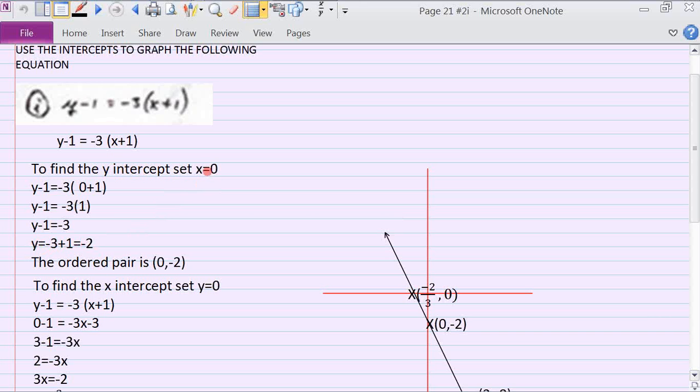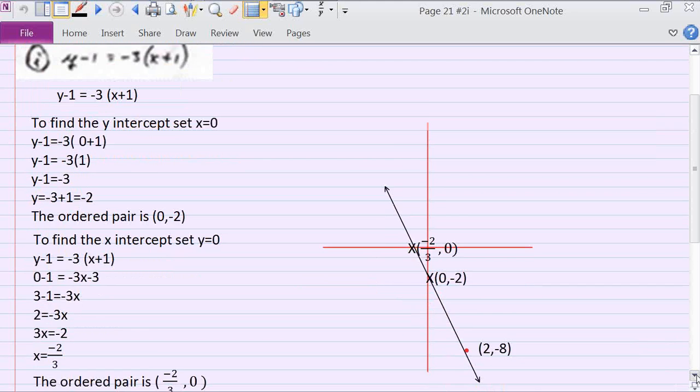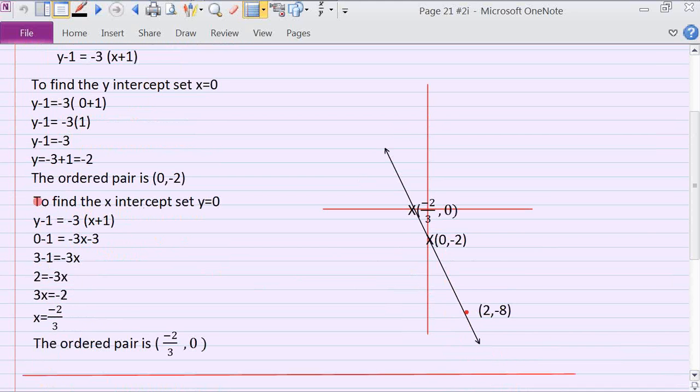So when x is 0, y is minus 2. And that gives me one of the two ordered pairs. So it's right here. Here's the first ordered pair. When x is 0, y is minus 2. I go down 1, 2, 0, minus 1, minus 2, very roughly. It's right there. Now, I need another point.